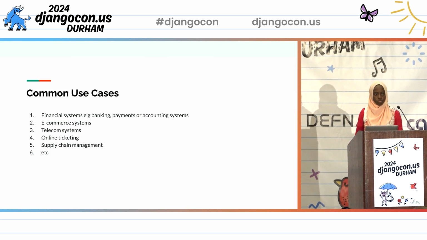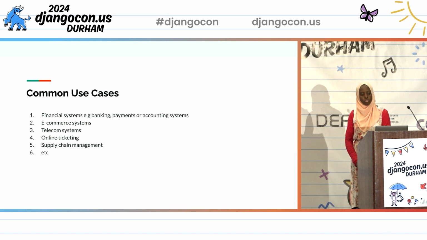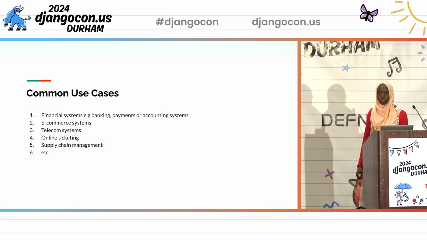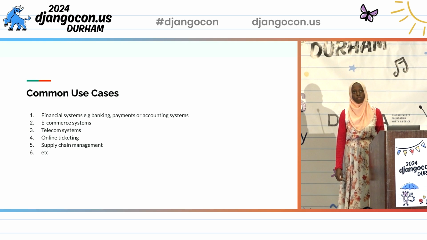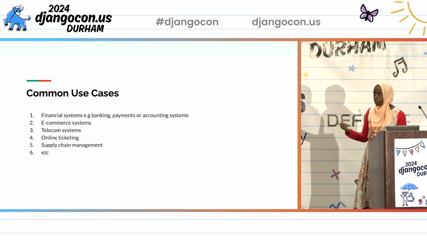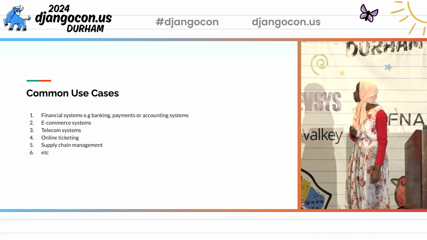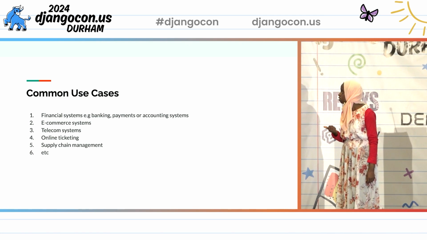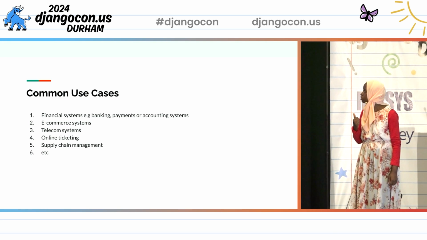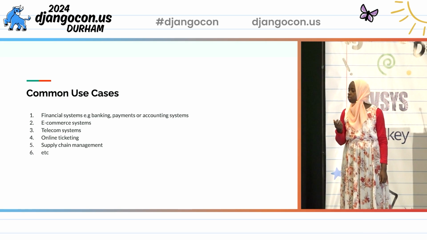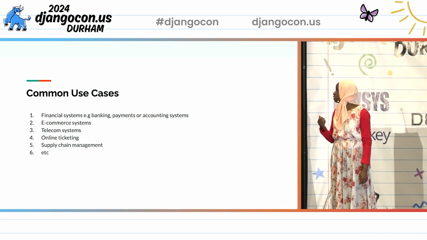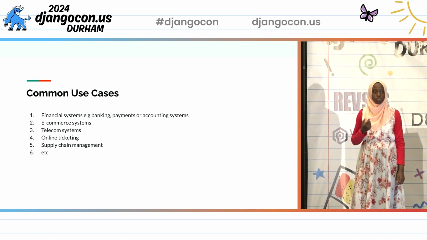So we go then to some of the most common use cases of atomic transactions. I would argue that almost all systems require atomic transactions, but they are most crucial in financial transactions. For example, banking, you want to make payments, or in accounting systems.